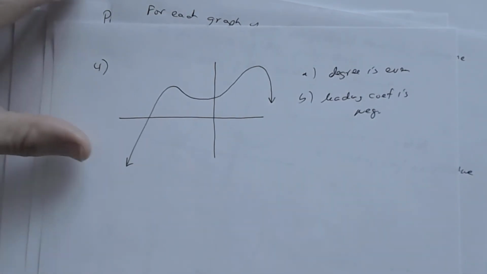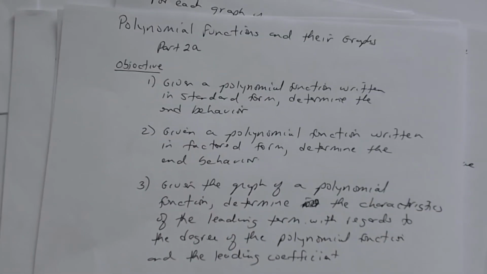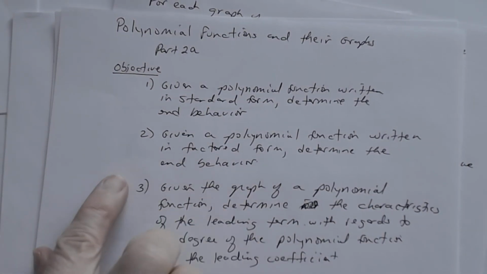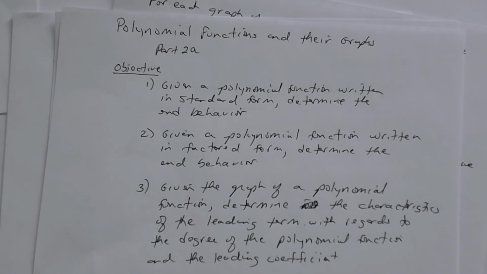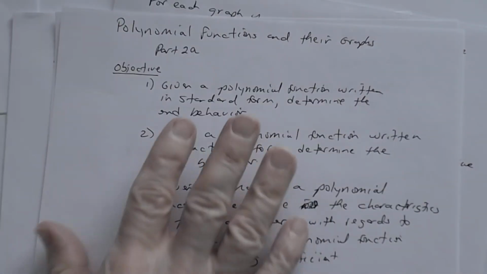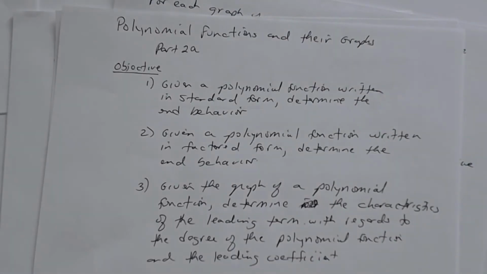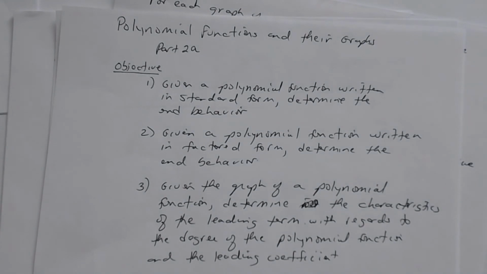Okay? And so that is part 2A. Part 2A was a continuation of part 2. So it was very important before we do part 2A that you go back and look at part 2. And that's the end of this part of our lesson.